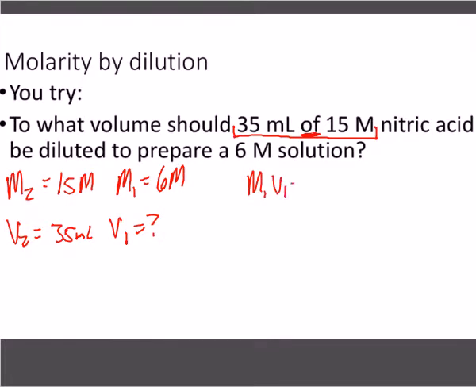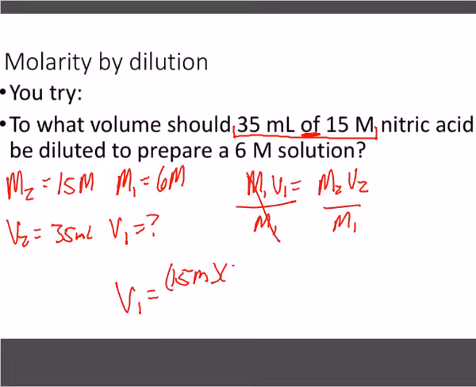So M1 V1 equals M2 V2. Divide by M1. V1 is going to equal, we take 15 molar, we're going to multiply it by 35 mils, all over M1, which is 6 molar, M's are gone. When I do this math, 15 times, if you converted it to liters, guys, what should your liters be?